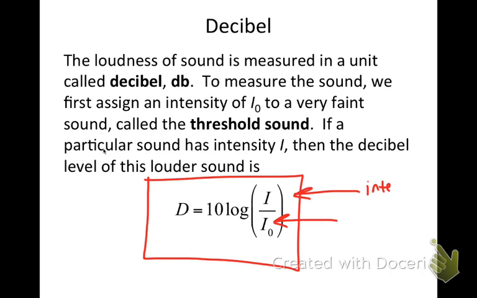Intensity, threshold. All right, so it's D is equal to 10 times the log of I over I sub 0, or I naught. Write that formula down.